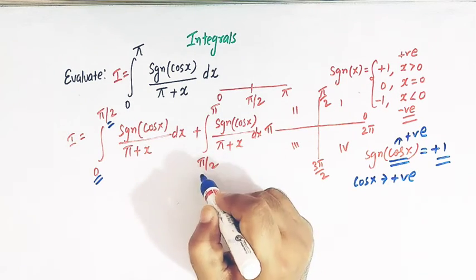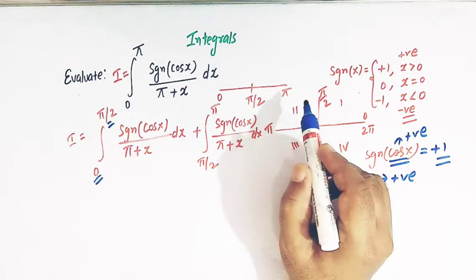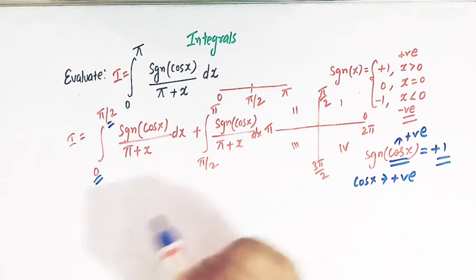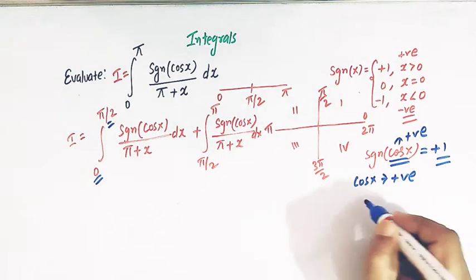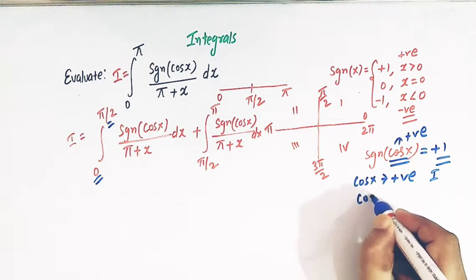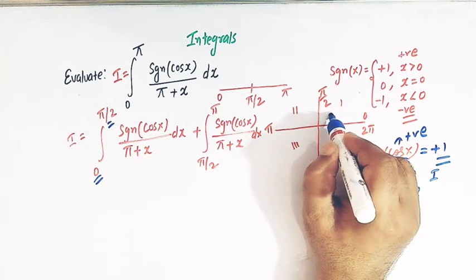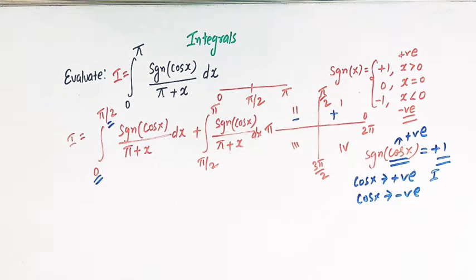When we go from pi by 2 to pi, we are now confined to the second quadrant, where the cosine function is negative. So here cos is positive, and here cos is negative.